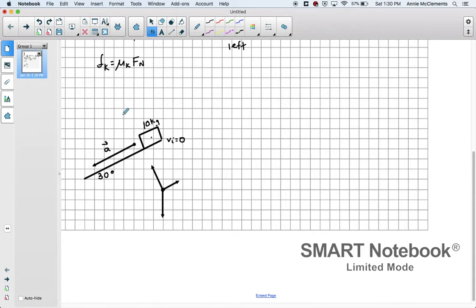And the question here is, what is the acceleration of the box?